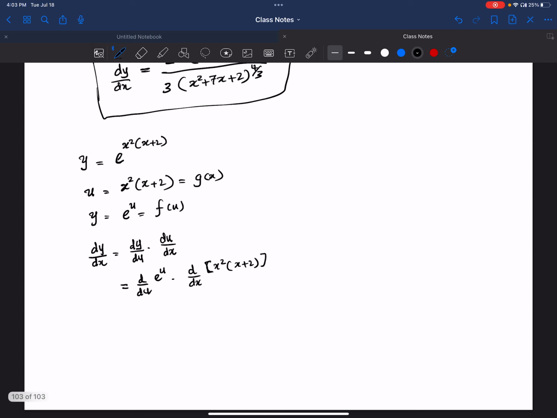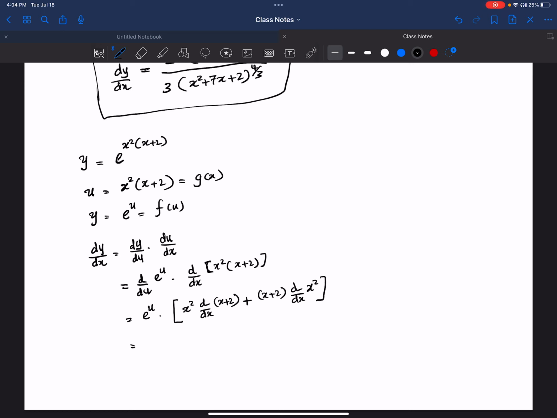So these have a product. So I have e to the power u, which is just e to the power u, times, using the product rule, x squared times d over dx of (x plus 2), plus (x plus 2) times d over dx of x squared.